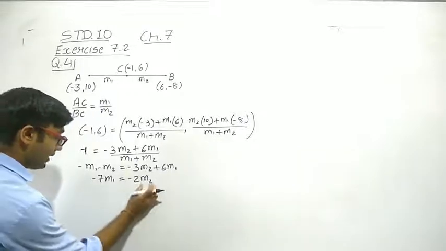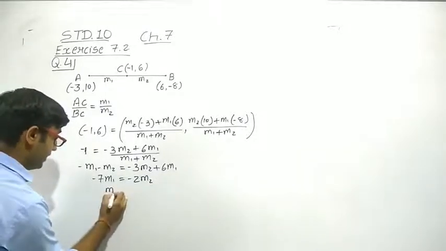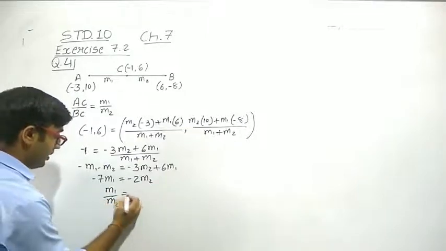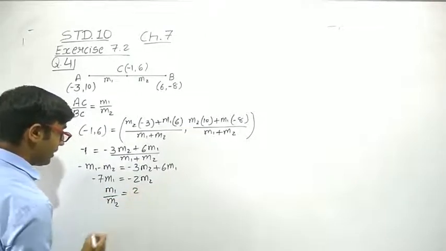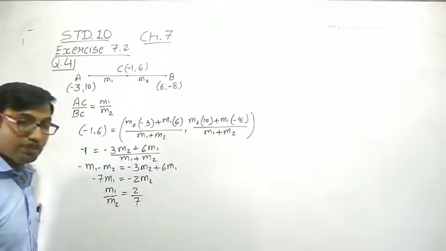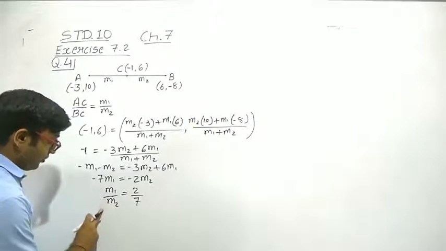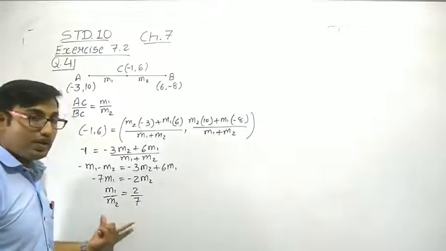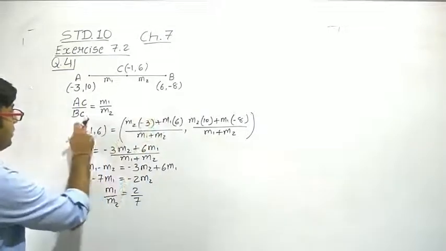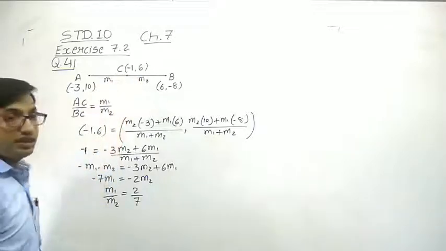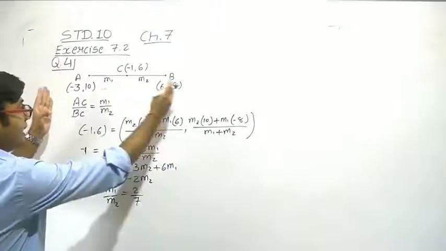So if we take this m2 to the left hand side, it will be in the denominator with m1, and by taking this 7 to the right hand side, it goes in the denominator with the 2. So here we get m1 upon m2 equals 2 upon 7, and that is what we call the ratio AC upon BC, in which point C divides the line segment AB.